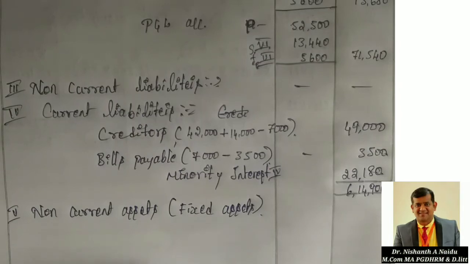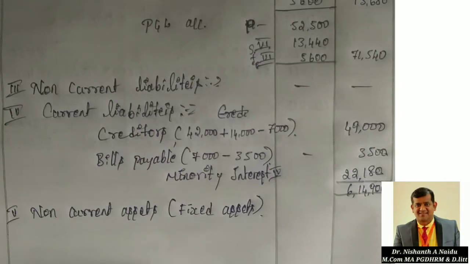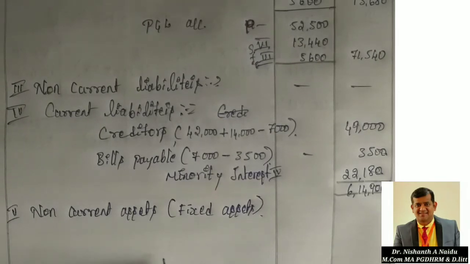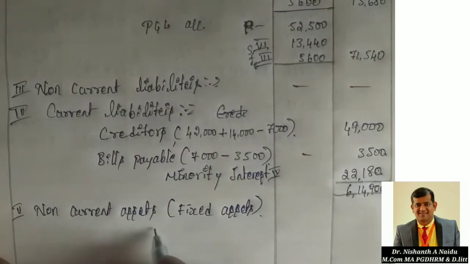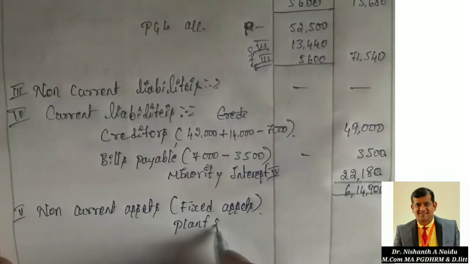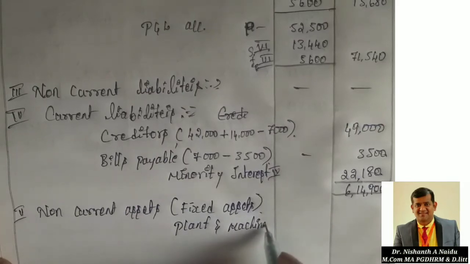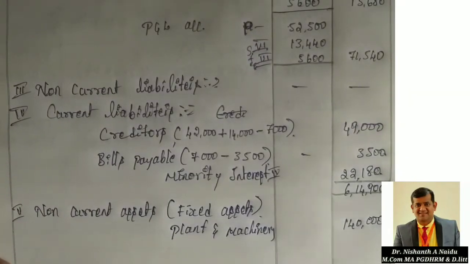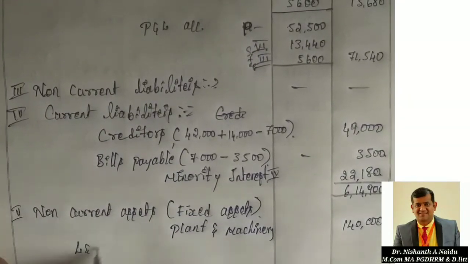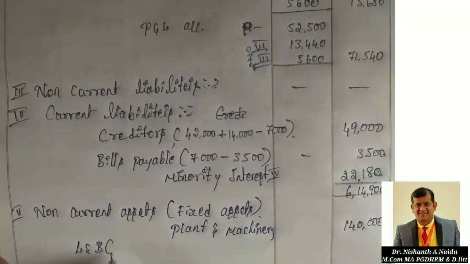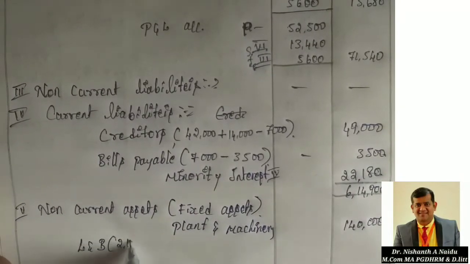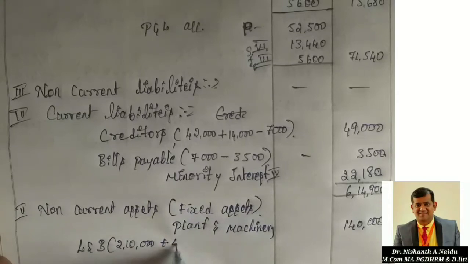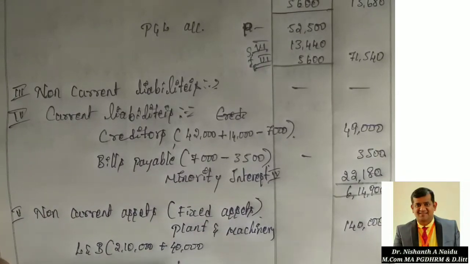Now let us take the non-current assets, that is fixed assets, one by one. First item is plant and machinery. No adjustment at all. Directly I am taking 1,40,000 of P Company Limited. Q Company Limited nil. Next is land and building. P Company Limited 2,10,000 plus Q Company Limited closing balance 40,000 rupees.